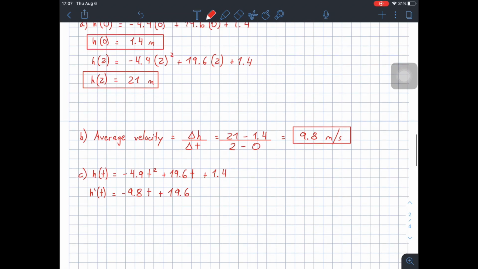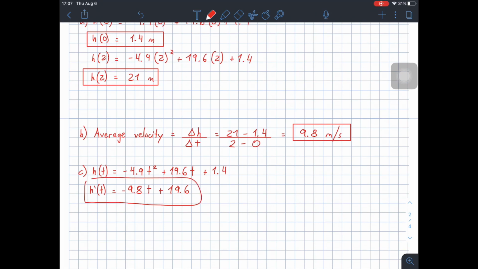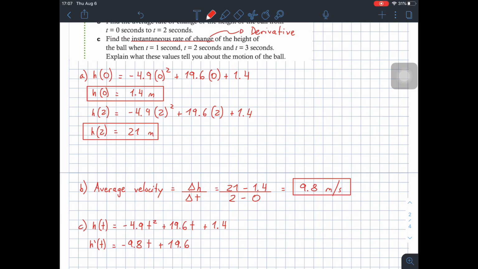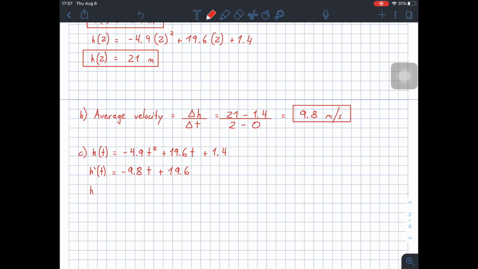Okay, so this function will give us the instantaneous rate of change, and we want to find it at t equals 1, t equals 2, and t equals 3. So I'm going to replace those values into the derivative, and we're going to calculate h prime of 1, and this would give us negative 9.8 times 1 plus 19.6. This result is a positive value, which is 9.8 meters per second.